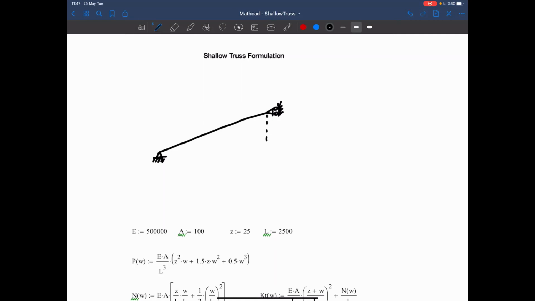This distance is equal to Z, and now I'm applying a force in the reverse direction, and I'm also adding a spring here to stabilize the system. Now, as a starting point, we will just work on this problem without any spring stiffness. Ks is equal to 0, and we assign the following values to the truss.